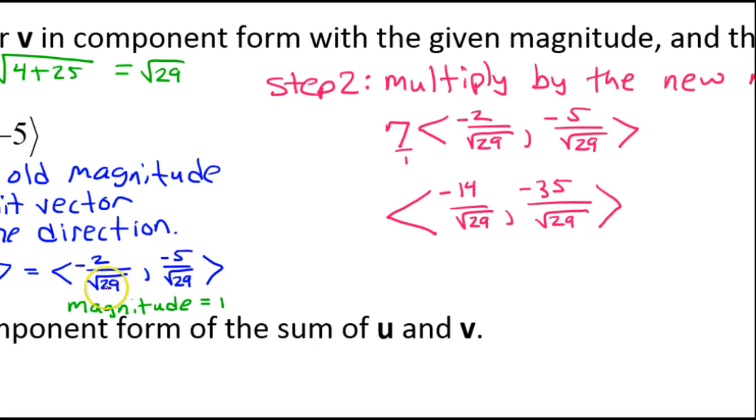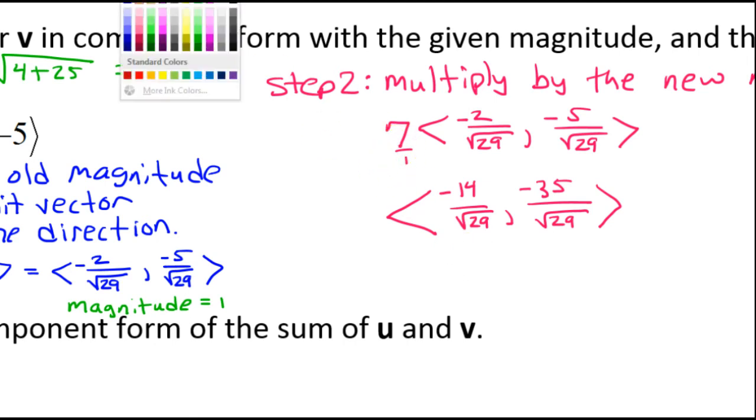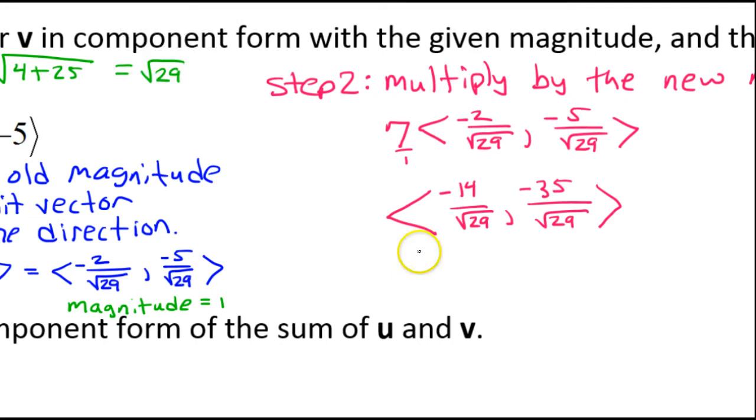Okay, so we had a vector that was magnitude 1. Then we multiplied by 7. So guess what? Now we have a vector that is magnitude 7.